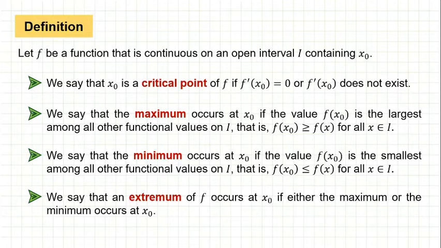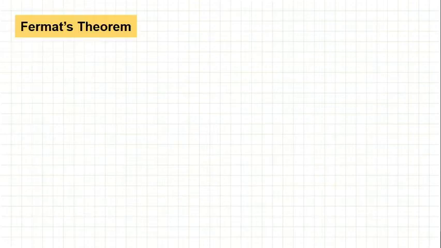Okay, so let us now proceed to these theorems, the Fermat's theorem and the extreme value theorem. They will help us solve problems in finding the critical point and the extremum of a certain function. Let us have first the Fermat's theorem. So what does this theorem state?